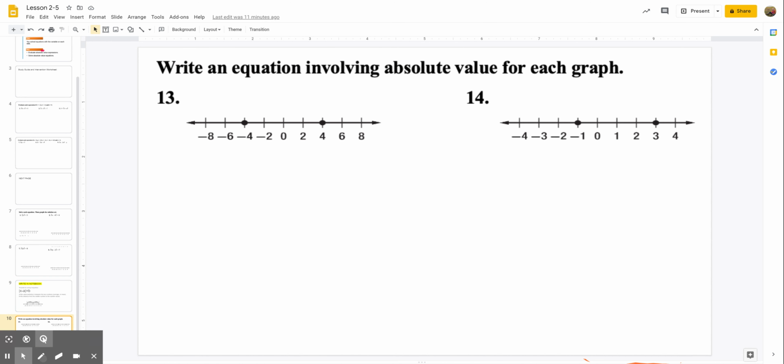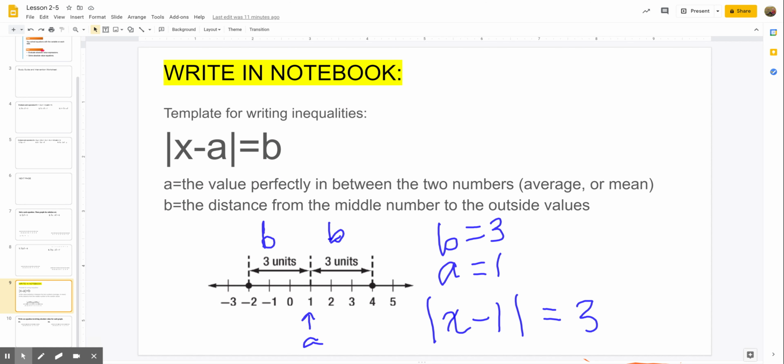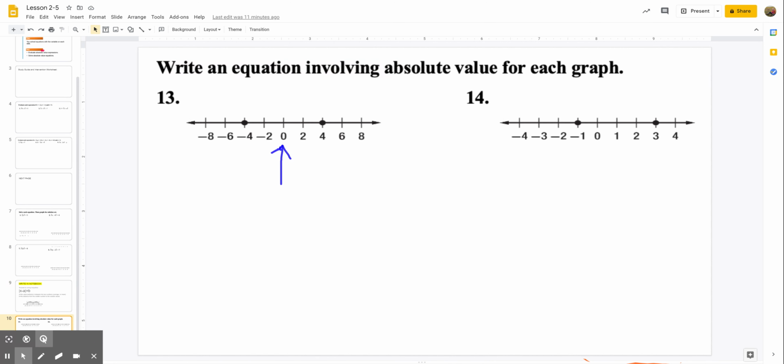So if it says write an equation involving the absolute value of each graph, first thing we're going to do is find our middle number. That's our a. I'm going to go back here. You can always check with the example. A is that middle number here. So in this case, our a is 0.